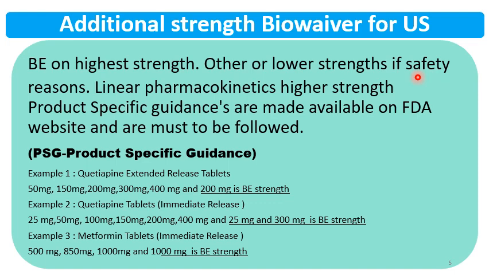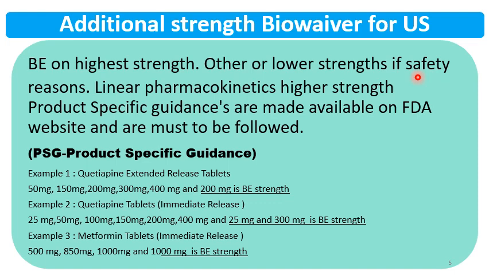Bracketing approach is taken, and you can understand that based on the 25 mg bioequivalence, you may get waiver for 50 mg, 100 mg, 150 mg and 200 mg, or up to 150 mg, and based on the 300 mg you can get waiver for 400 mg and 200 mg maybe. So these guidances are required to be understood.